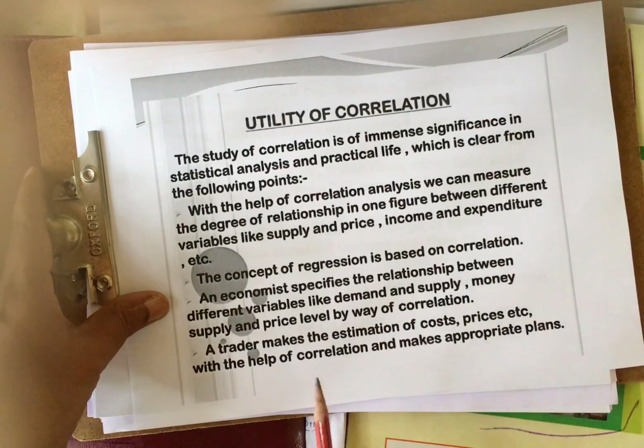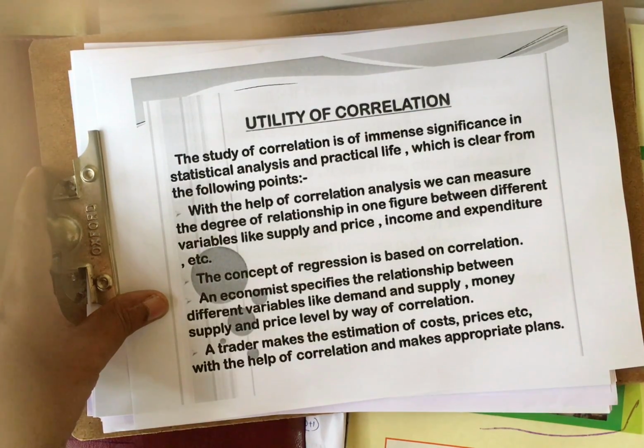In the same way, the concept of regression that comes after correlation is also based on the correlation concept. So regression is also studied on the basis of correlation. That's why it has high importance.